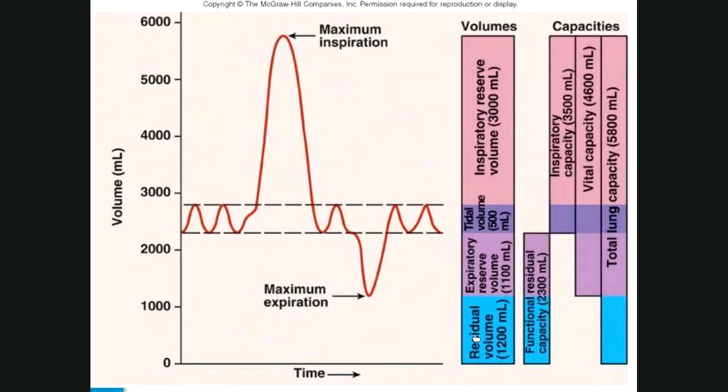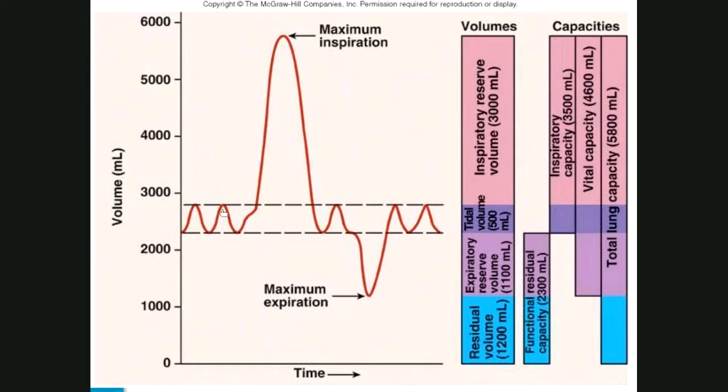Sometimes I will tell you the amount of air which is inspired at rest, that amount is tidal volume. If I'm telling you the amount of air inside the chest after tidal inspiration, then that includes this tidal volume plus the expiratory reserve volume plus the residual volume, because that is the amount of air which is right now inside the lung with tidal inspiration.